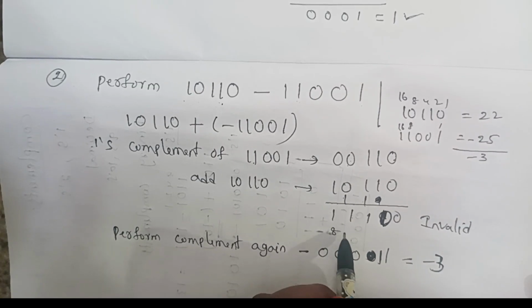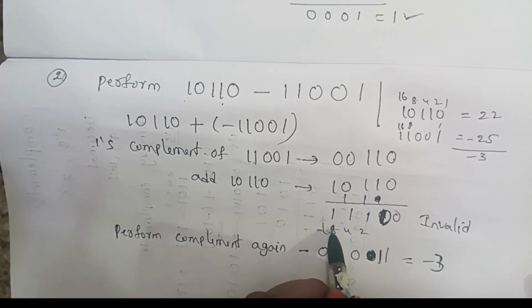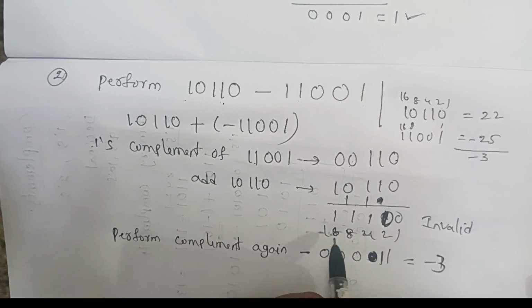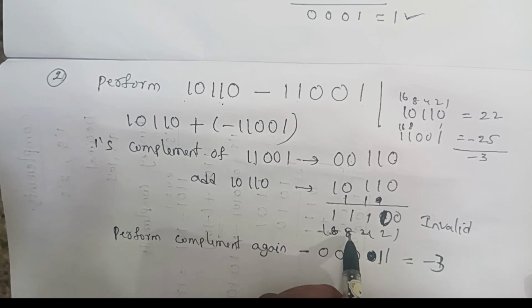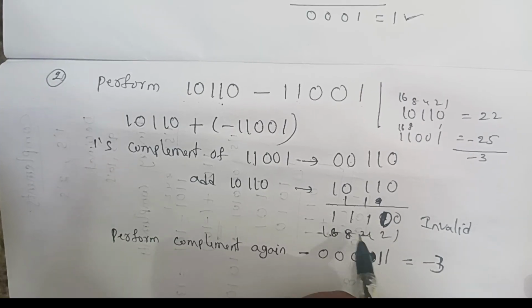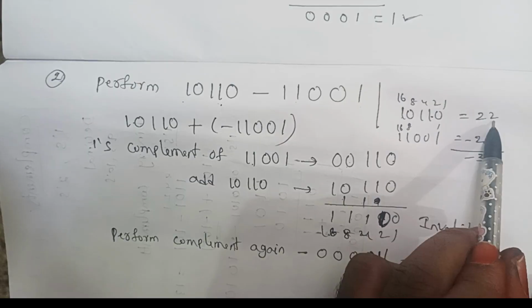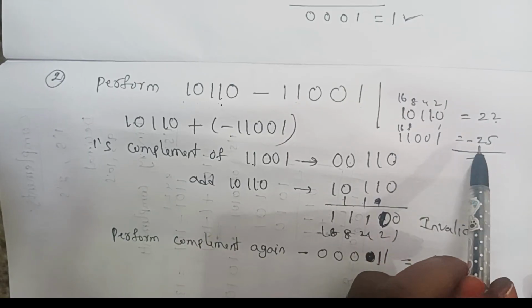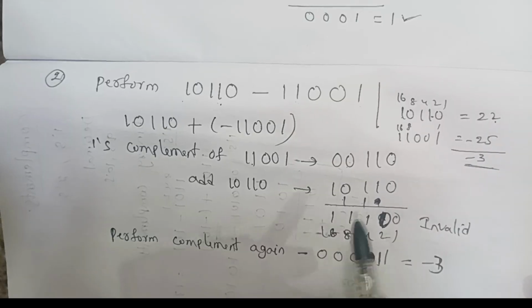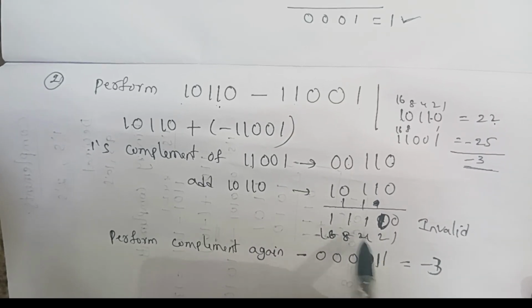In 8421 code, 16 plus 8 plus 2 is 26. This is an invalid result. Why? Because 10110 is 22 and 11001 is 25. 22 minus 25 is minus 3, but here we are getting more than minus 3. So this is a wrong answer, an invalid result.